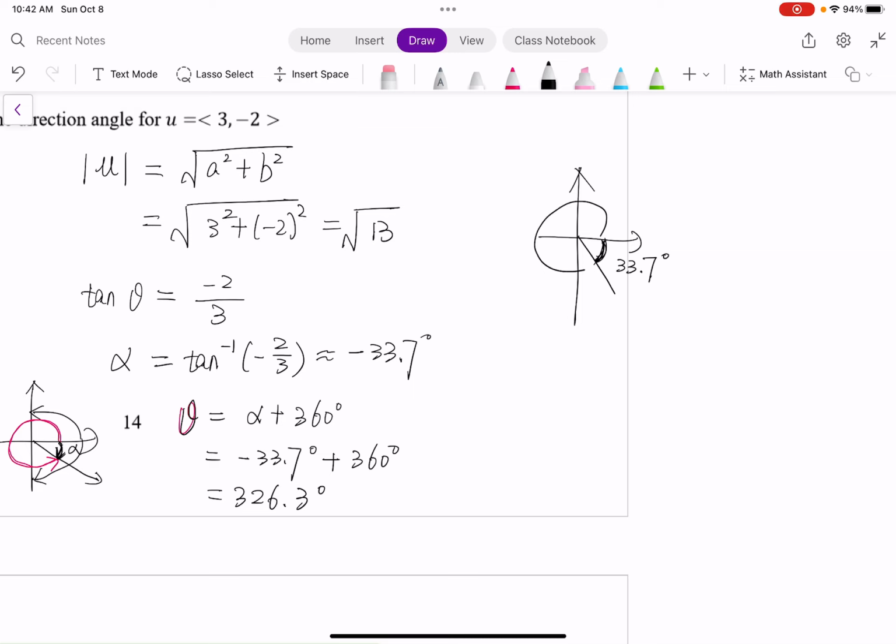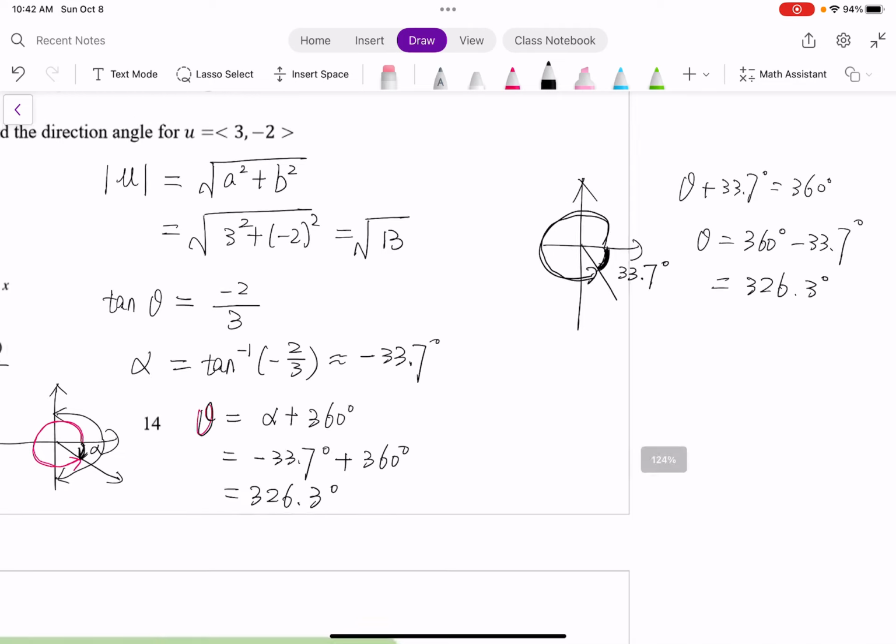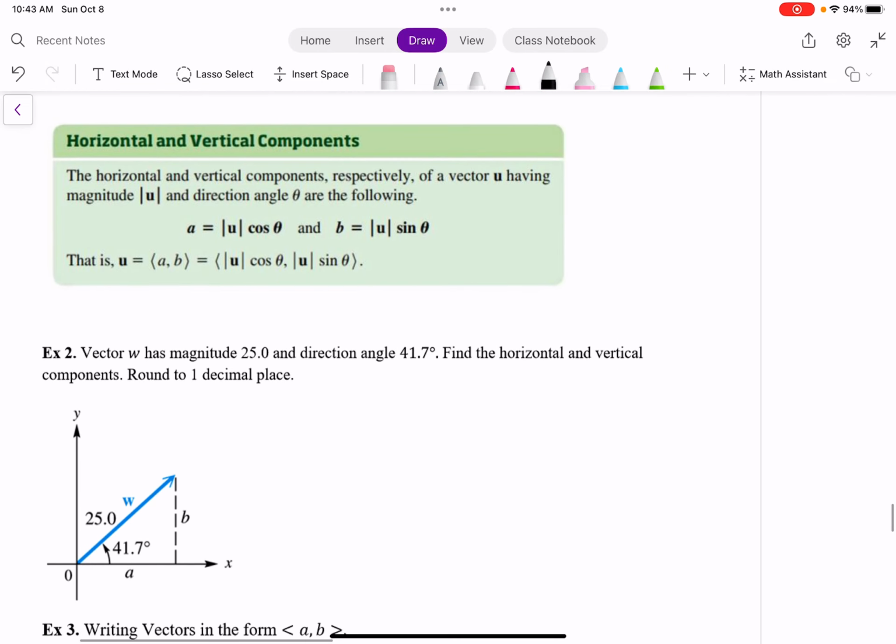If I'm looking for this angle, theta plus 33.7 equals 360 degrees. So theta equals 360 minus the reference angle, which is 33.7. Remember, the reference angle is always a positive angle. So I use one full rotation minus the reference angle. I have the same solution, which is 326.3 degrees.